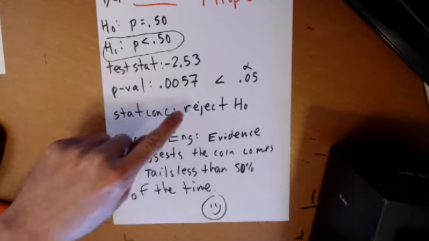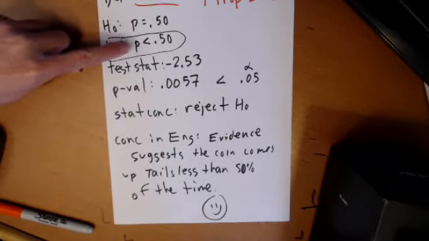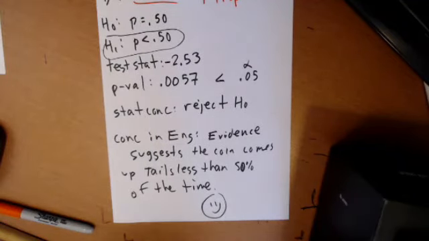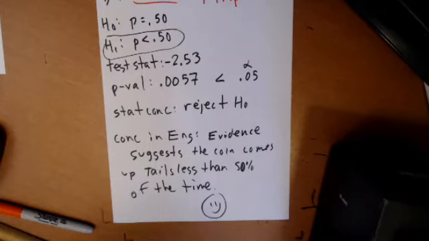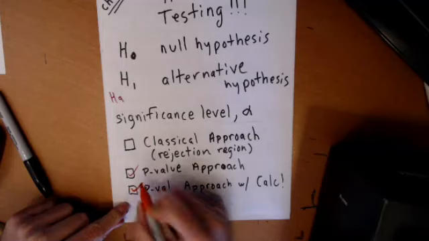We'd reject H0. If you reject H0, then evidence suggests the alternative. And just put that into words. The proportion is less than 50%. Evidence suggests the coin comes up tails less than 50% of the time. So now we just did the p-value approach with the calculator.